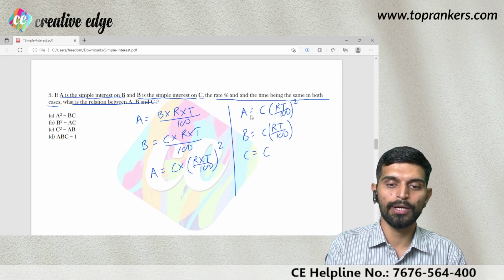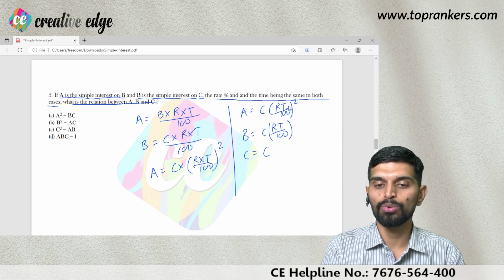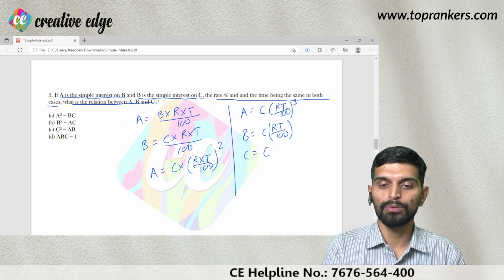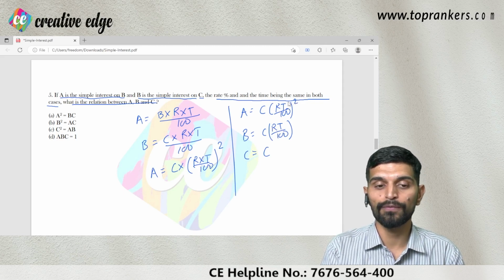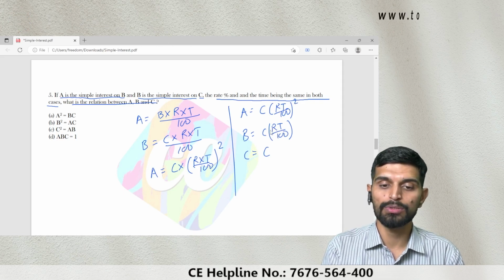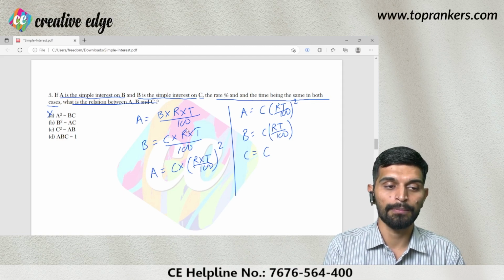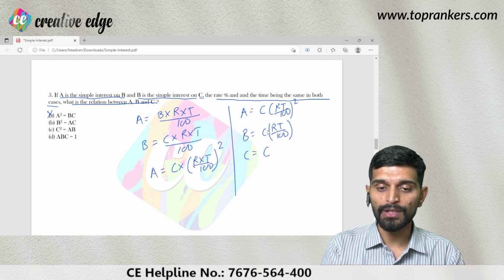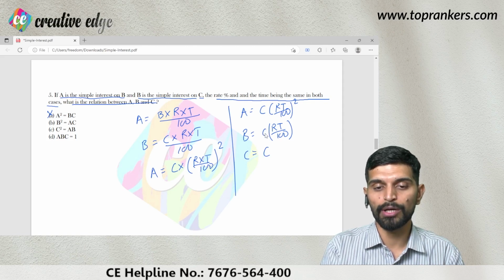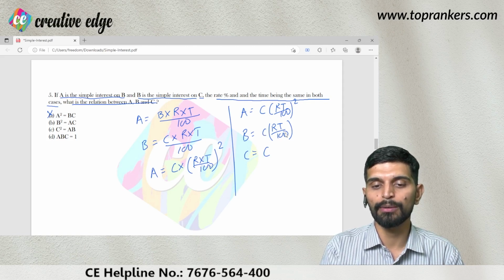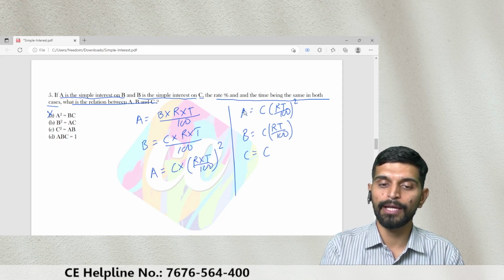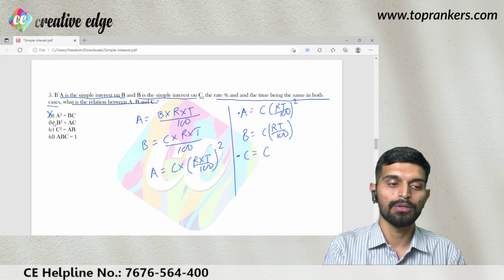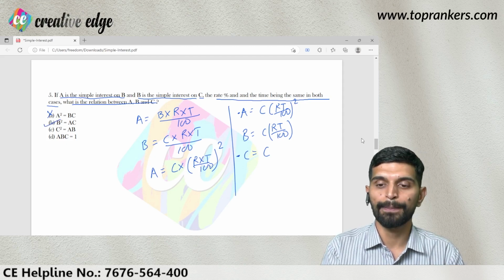A square is C to the power 2 RT to the power 4, which is not equal to B into C, because this is RT to the power 4, so we can eliminate option A. B square is equal to A into C. Yes, it is happening. If we take the square of this one, that will be C square into RT upon 100 square. And if we multiply A and C, that will give you C square into RT upon 100 square. So the correct answer is option B.